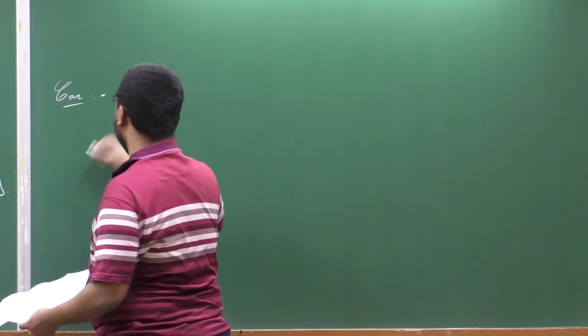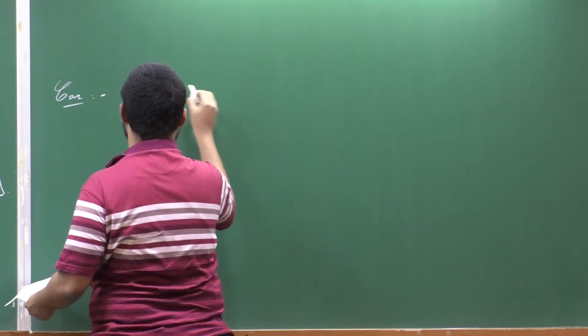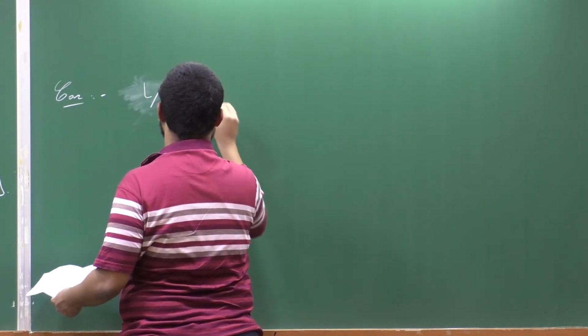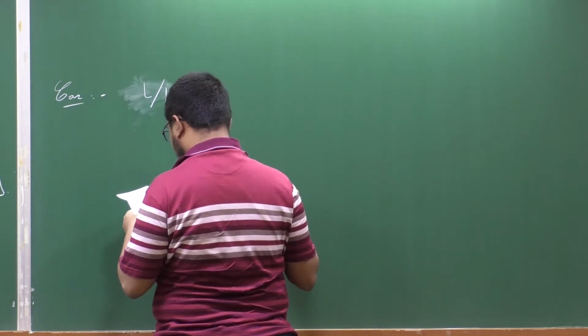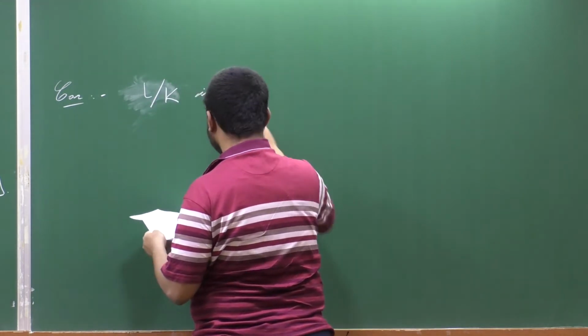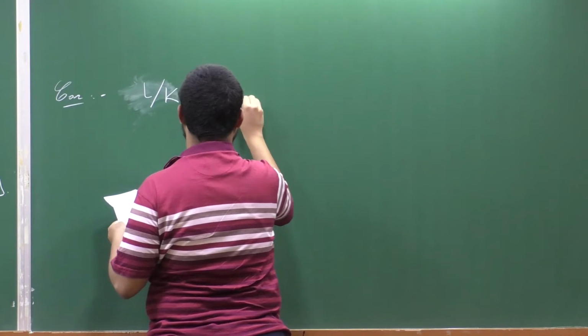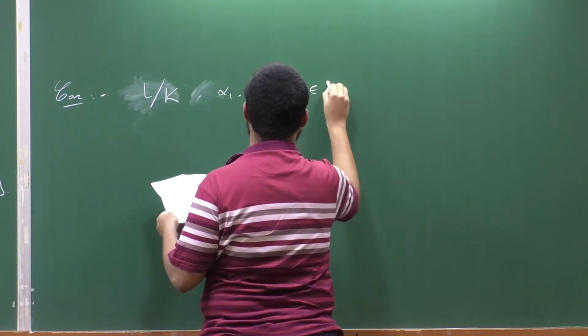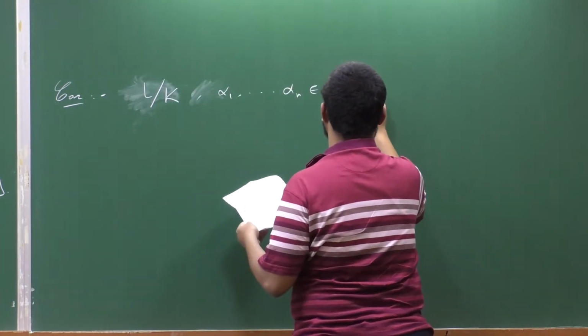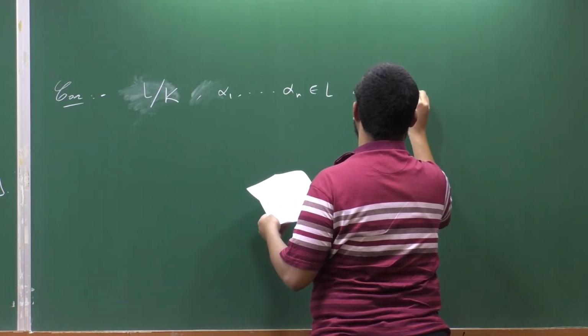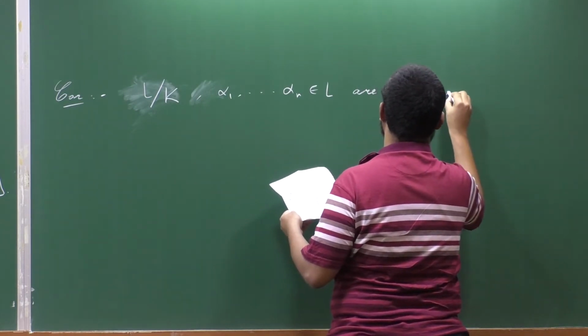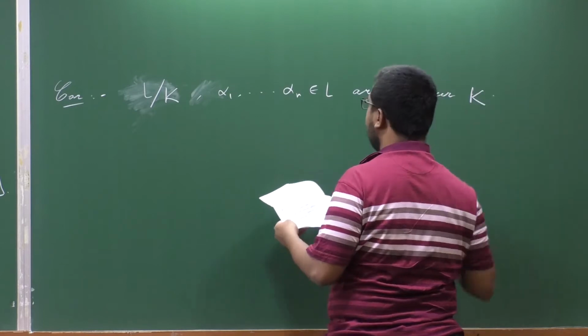Suppose alpha 1 up to alpha n belonging to L are algebraic over k.